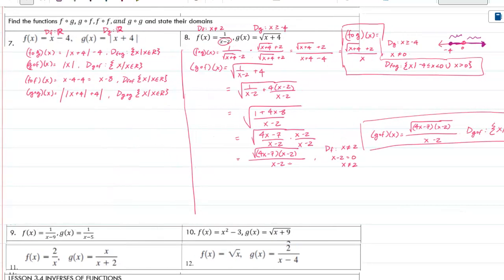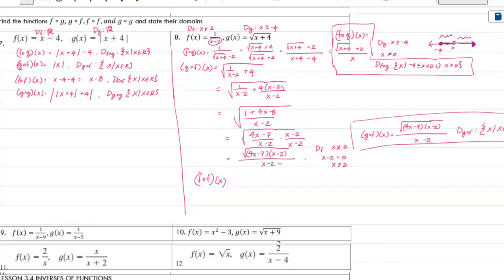Okay, on to f of g of x. So let's go ahead and open up our input function, and where x is, put g back in.